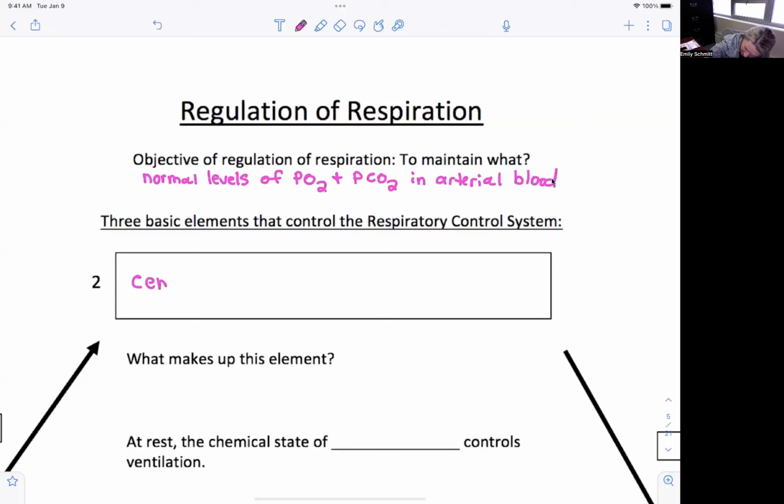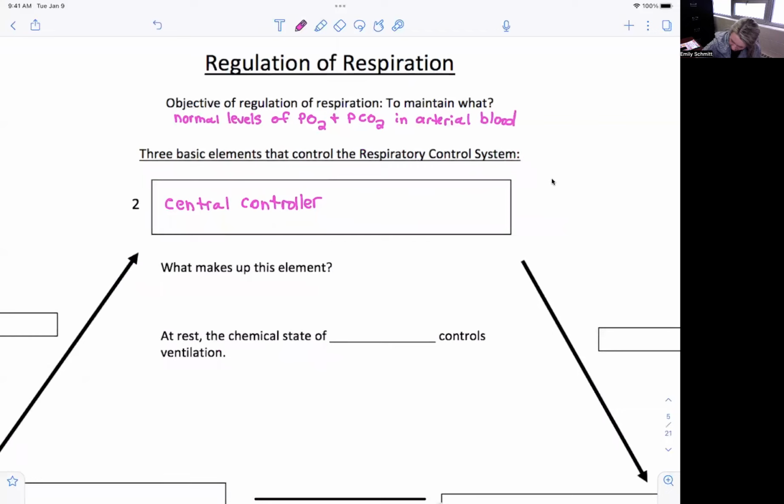We have our central controller, and what makes up this element is our brain stem and cortex. And at rest, this is important, the chemical state of blood controls ventilation because we are trying to maintain normal levels of oxygen and carbon dioxide in arterial blood. So at rest, the chemical state of blood controls ventilation.